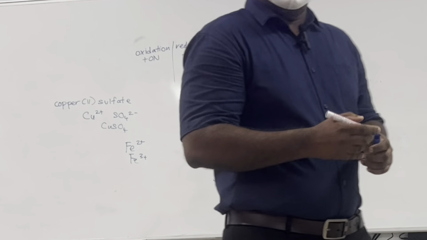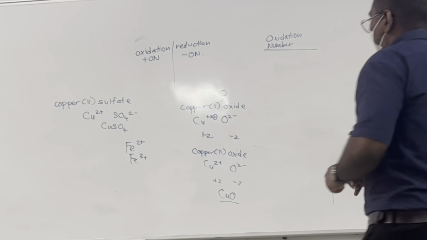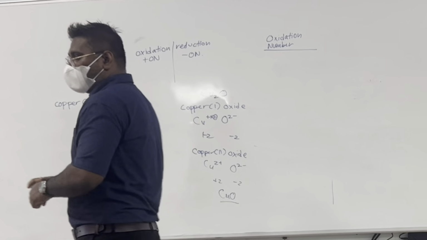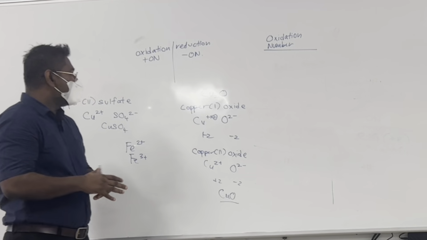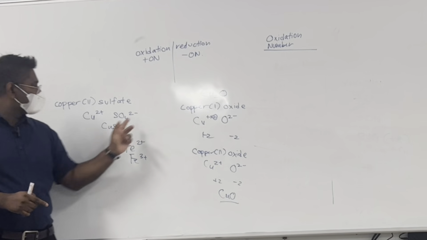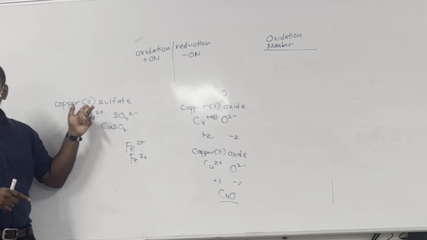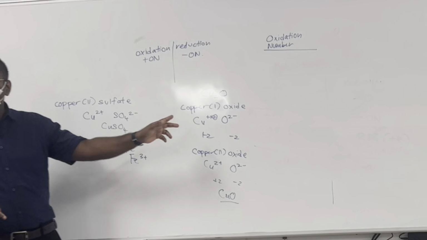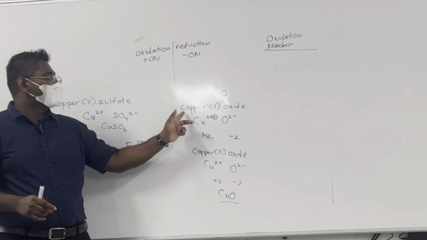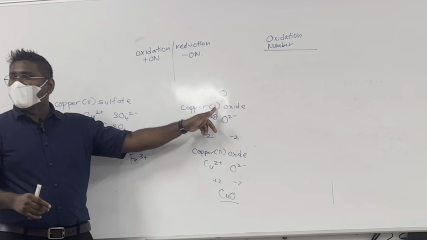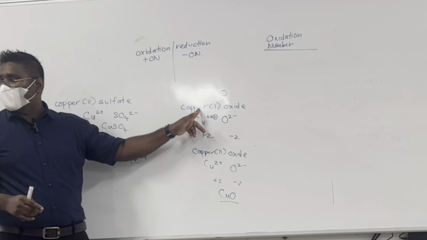Basically I'm just introducing to you the oxidation number. Now oxidation number can exist in the middle. When it is in the middle, it represents the element it is immediately attached to. So copper 1 means 1 is the oxidation number of copper.